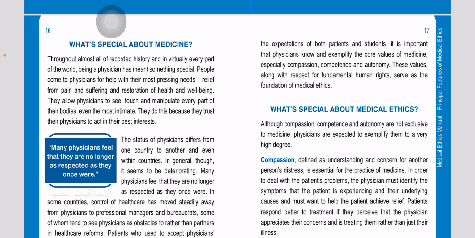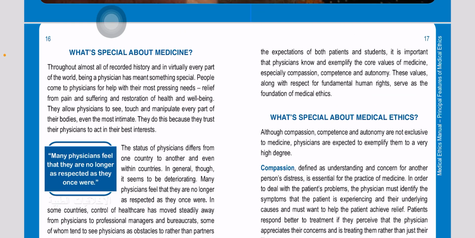First, what's special about medicine? All of you are medical students, so your exposure is in the medical field. Of course, I know as medical students, you want to be a licensed physician.